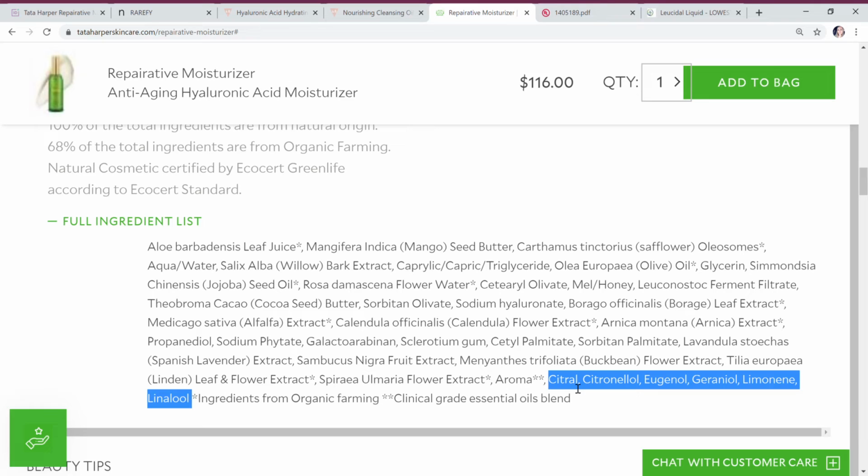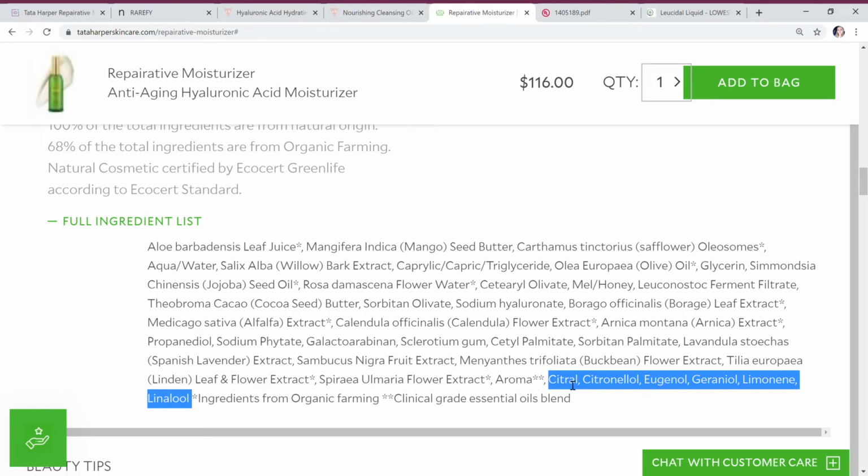So they're in super minute amounts if they're above those amounts that they need to be listed, because certain people are more reactive to these allergens or sensitizers than others. So if you know you're sensitized to one of these ingredients, then you can look to see if products contain them and avoid them if you need to.